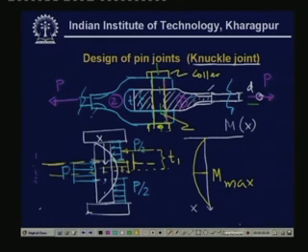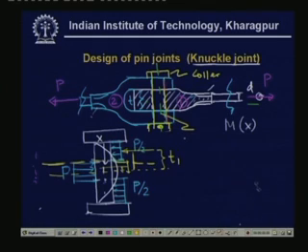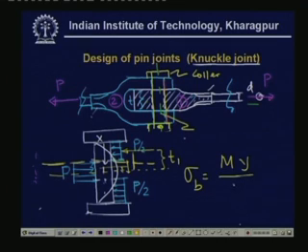The bending stress formula is very well known: sigma bending is equal to M y by I, where y is the distance of any point from the neutral axis and I is the second moment of area.